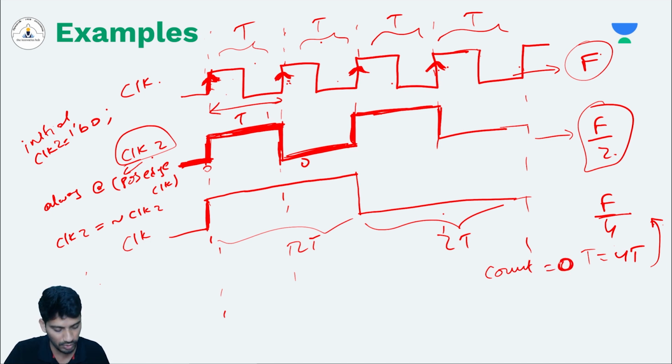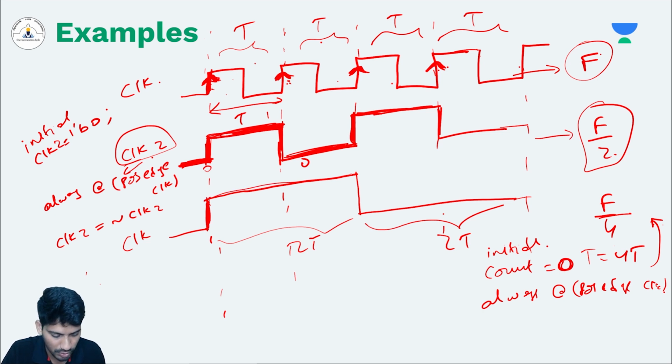Initially count is equal to 0, and then always at the positive edge of clock you check whether the count is equal to 2 or not. If the count is equal to 2, then assign count equal to 0, because we want to start the counting process again from 0.